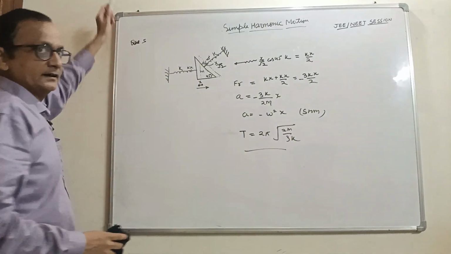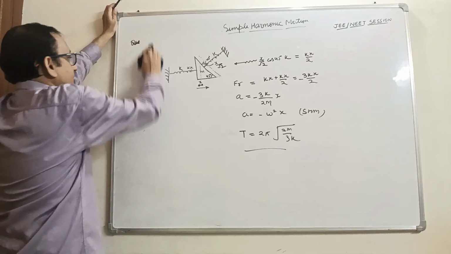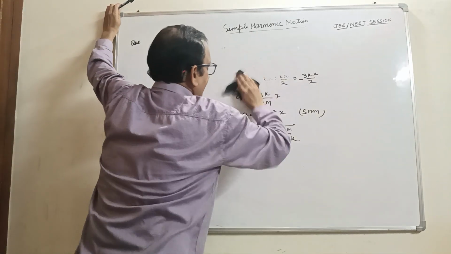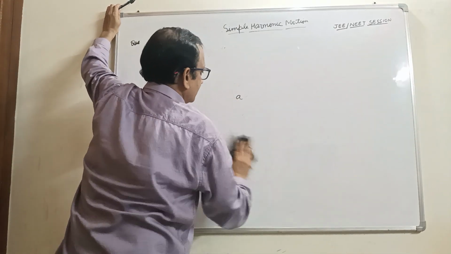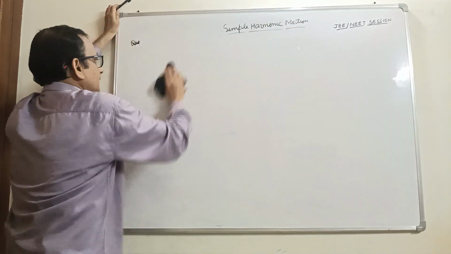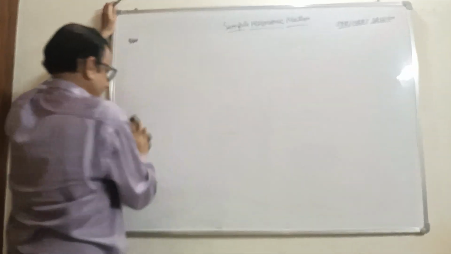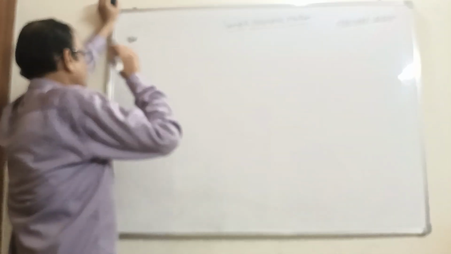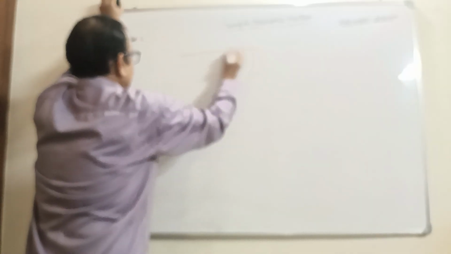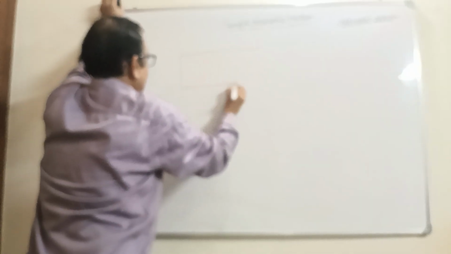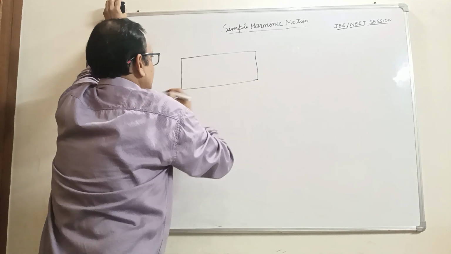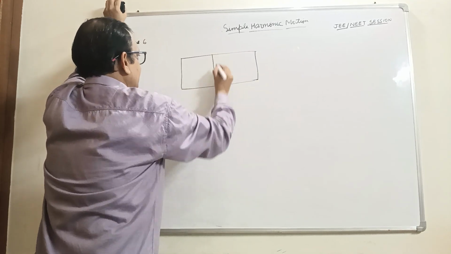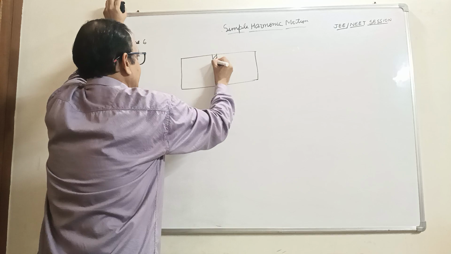So we discussed here the problem, and now we have to find the SHM in an adiabatic process, SHM in thermodynamics. So suppose this is a piston here, and the piston has mass m.